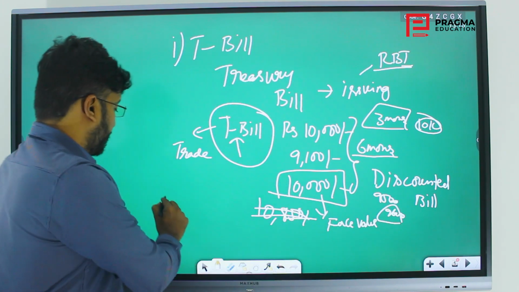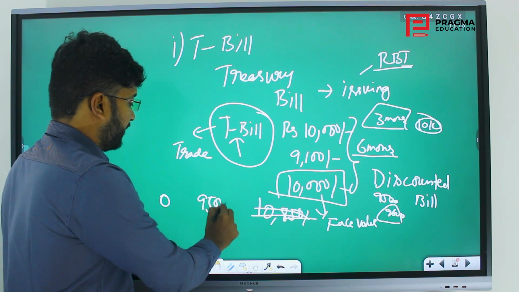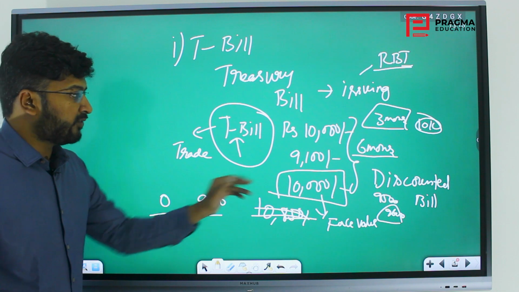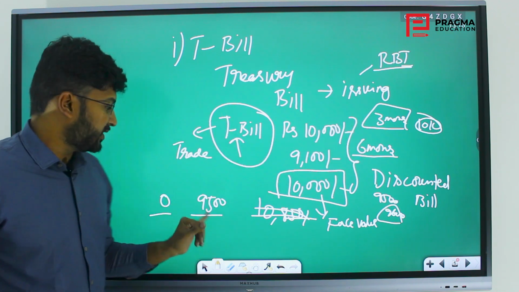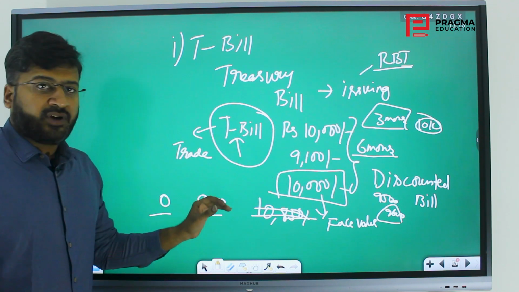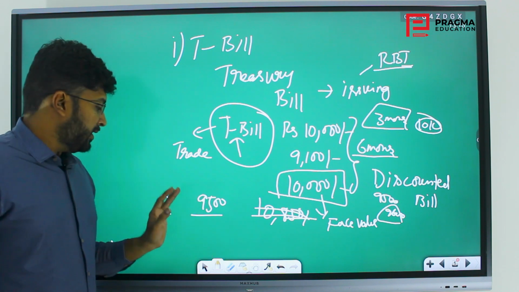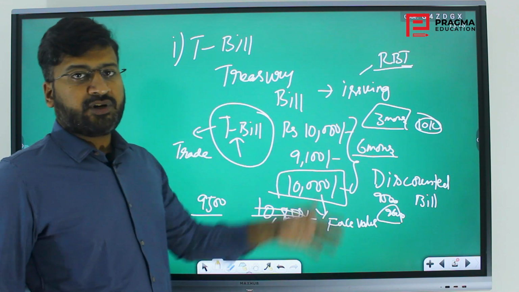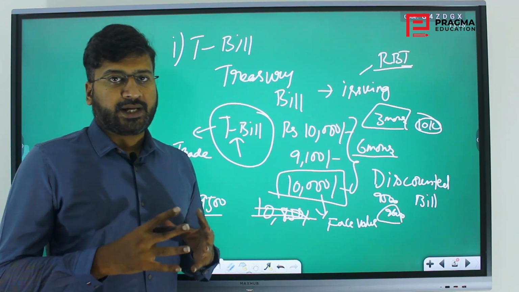When you need liquid money, you will be even ready to lose that 500 because you wanted it 3 months early. That's why you may be ready to sell it at 9.5, 9.4, whatever it is. It is better than having no liquidity at all. So then I will try to convert it into liquidity or cash.